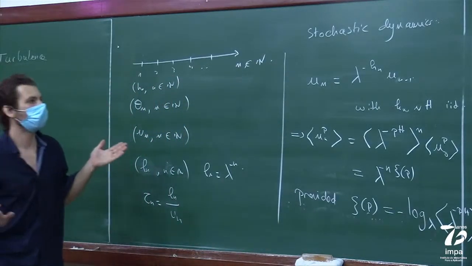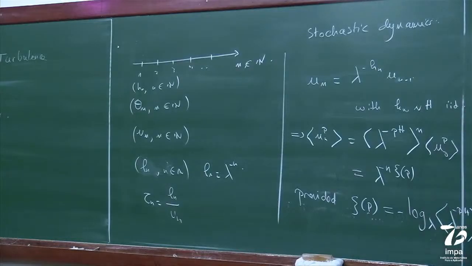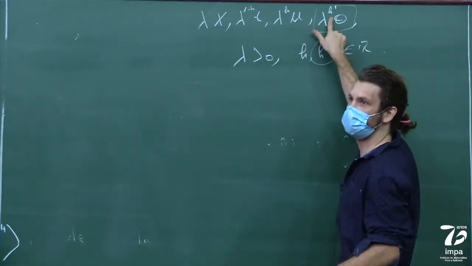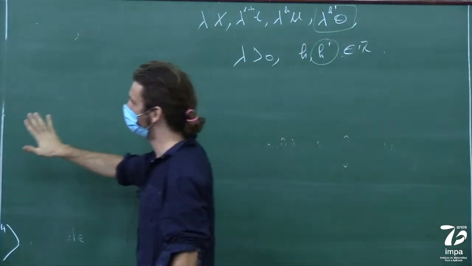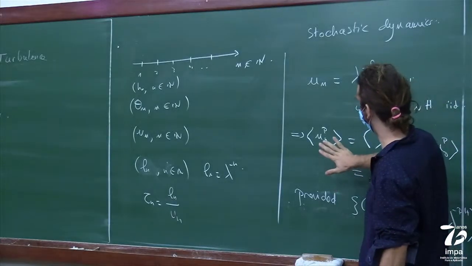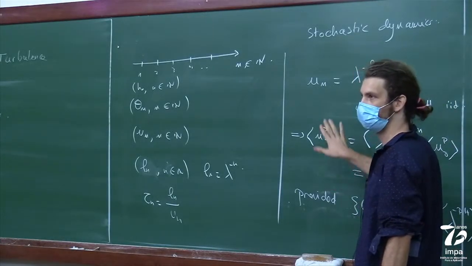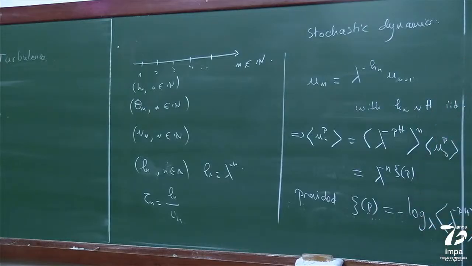Easy. So since we have this initial degree of freedom here, this h prime for the theta, which is a priori unrelated to the h of the u, we can play the same game for theta.